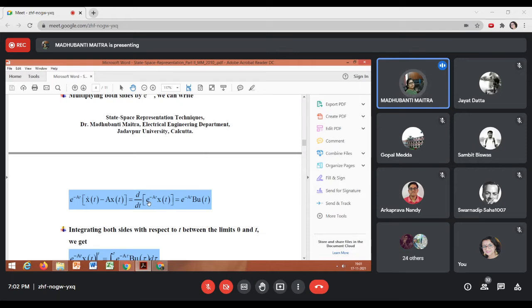The first term will be e to the power minus At into x dot t, and the second term will be minus e to the power minus At into A into xt. Am I right? Yes, minus.